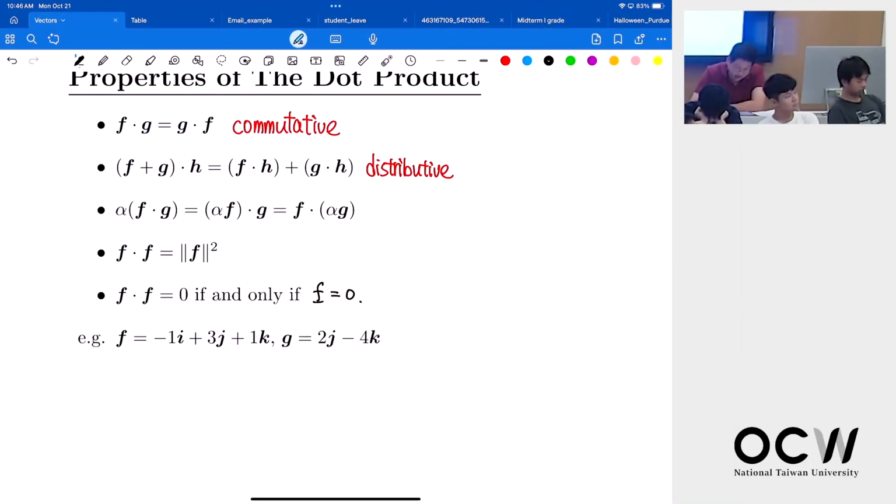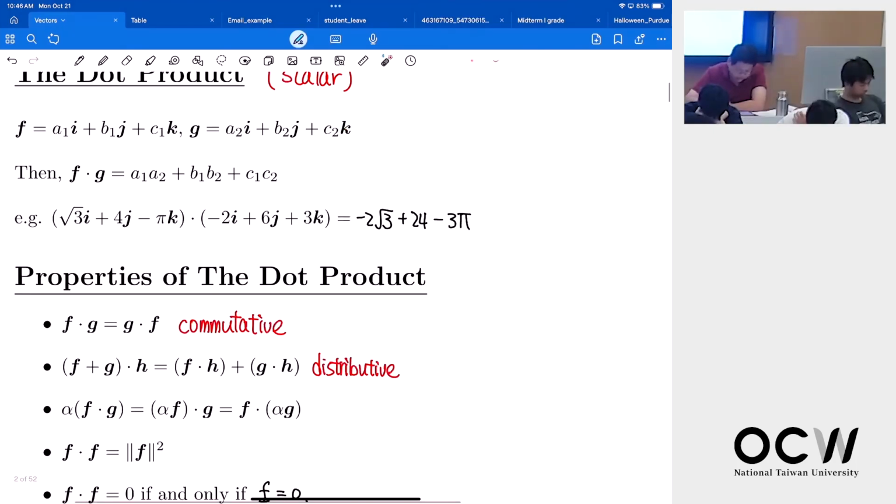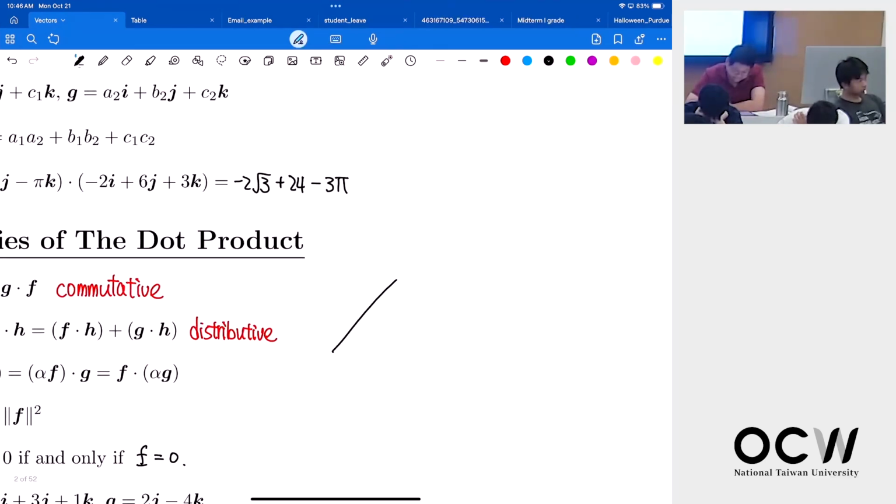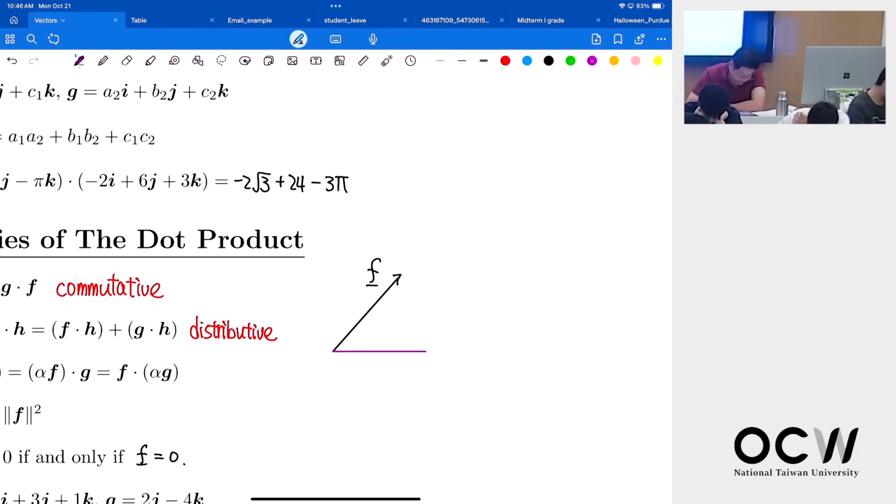So now let's see this example for f dot g. Suppose I have f and I have a g, and here I have an angle theta.